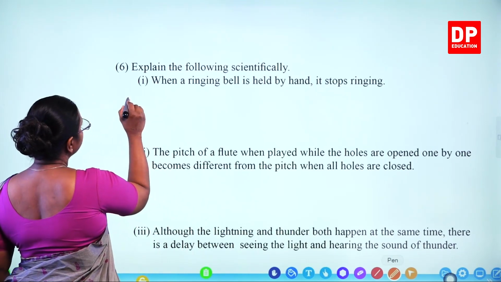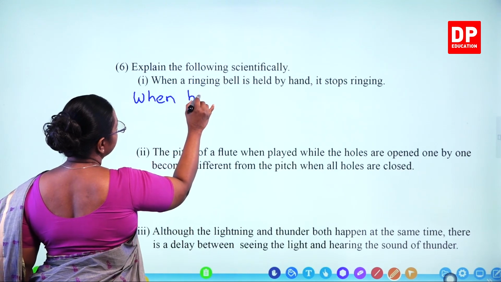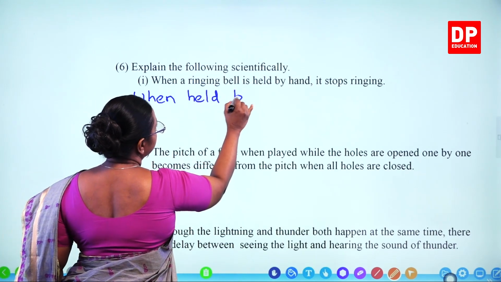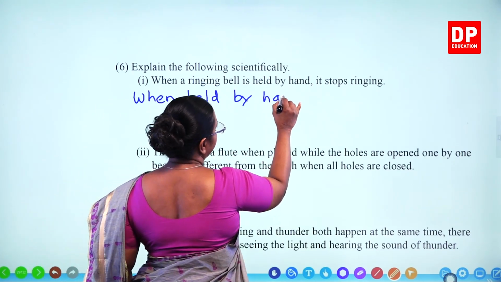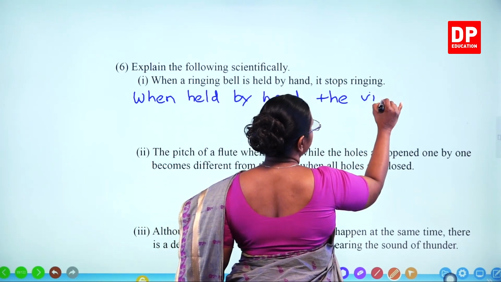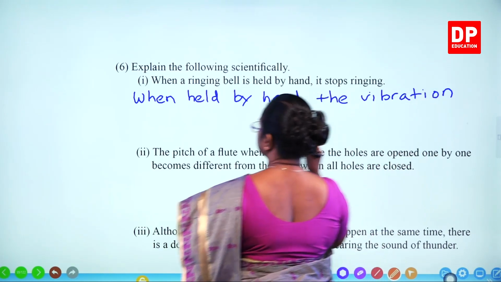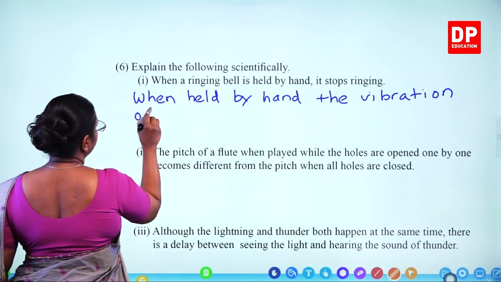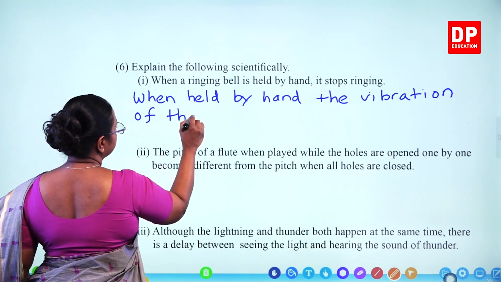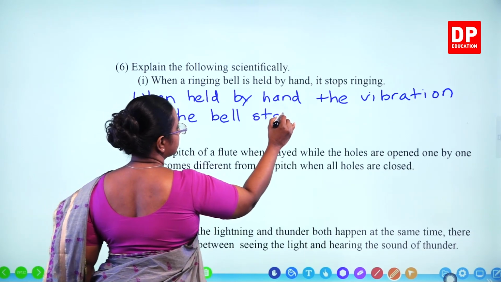When held by hand, the vibration of the bell stops.